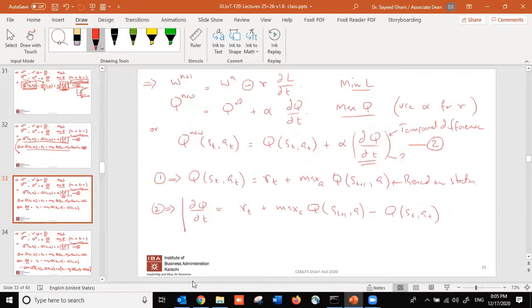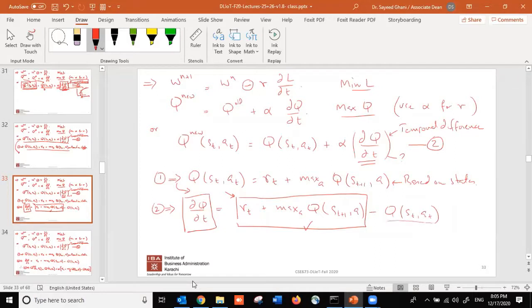So what we're going to do is we're going to use this equation to be able to find out how Q is changing over time. Okay. Now, Q is being updated based on equation number 1, on the movement. Okay, remember this was the movement equation.